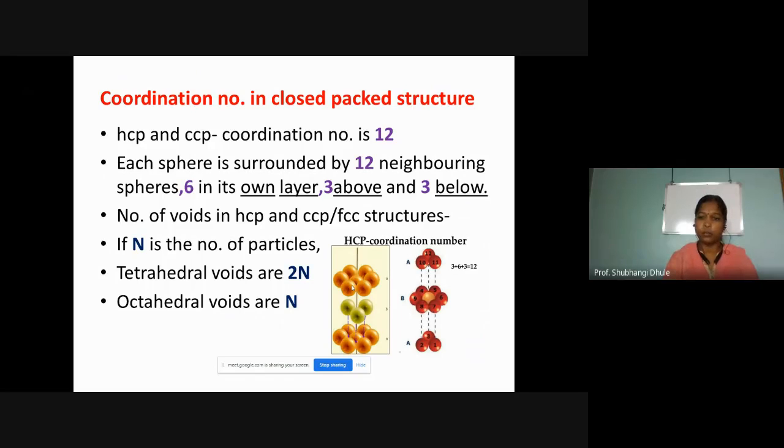We have also learned that the coordination number is 12 for the HCP and the CCP structure, and it is 6 for the simple cubic or primitive cubic structure.